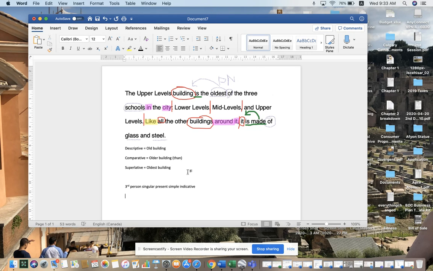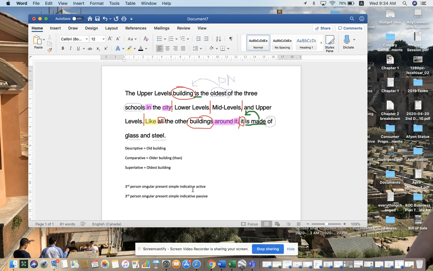And then the last part, which is our third verb, is also third person singular because it's an it. It is present, even though made is a past tense. Notice that the auxiliary verb here is determining the tense in passive verbs. It is simple, it is indicative, but it is also passive. And this verb here is active.